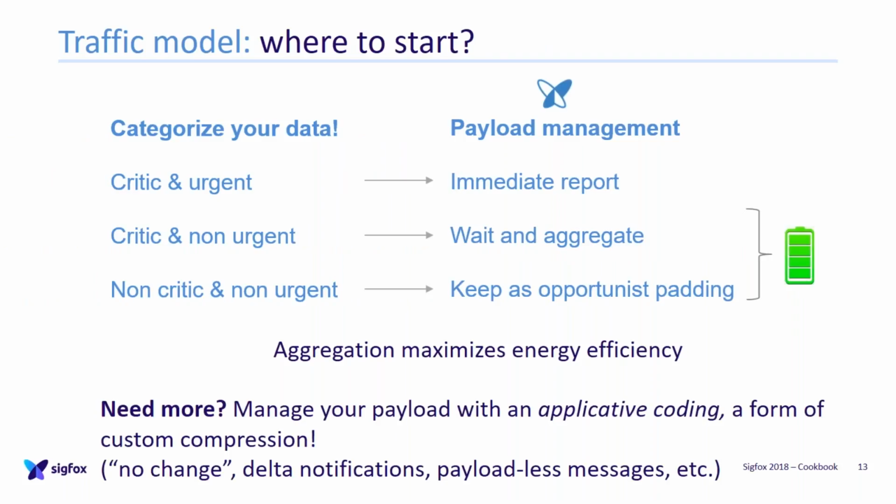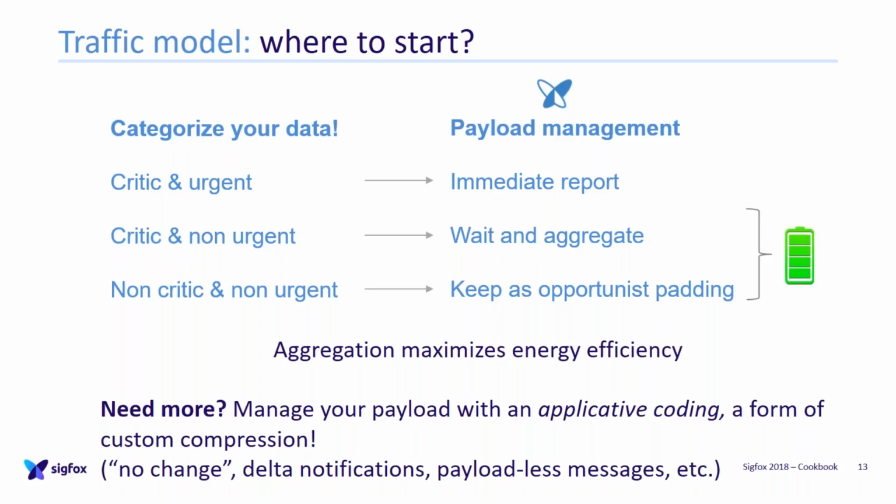So, as a little summary about the traffic model, we've seen various aspects. The most important thing when you build a traffic model is to know well, manage and categorize, classify your data, because they will not be processed in the same way.